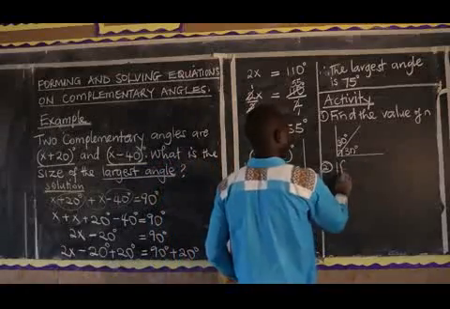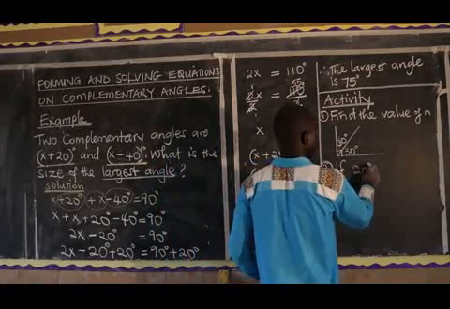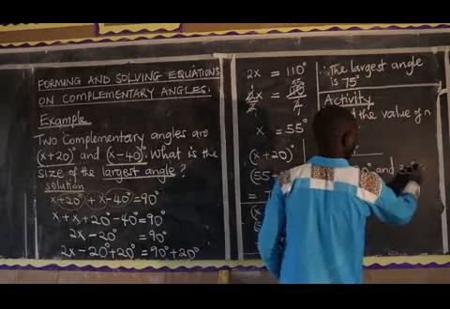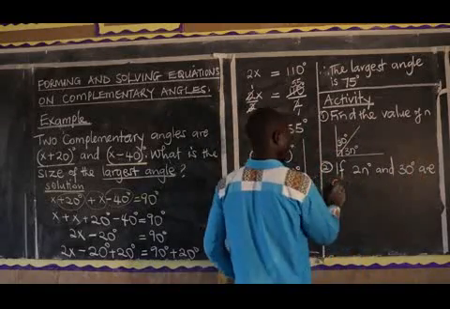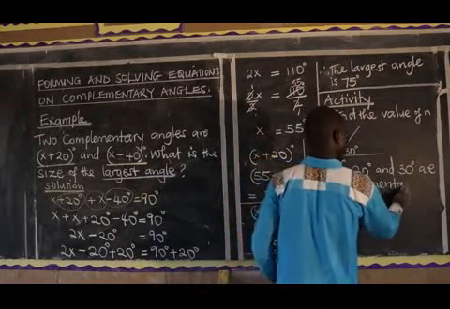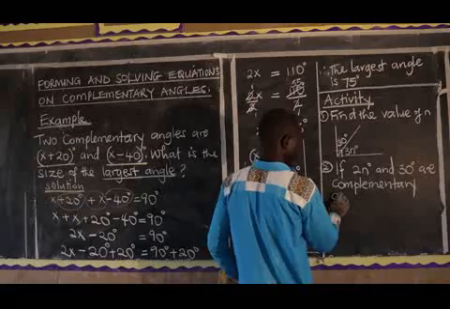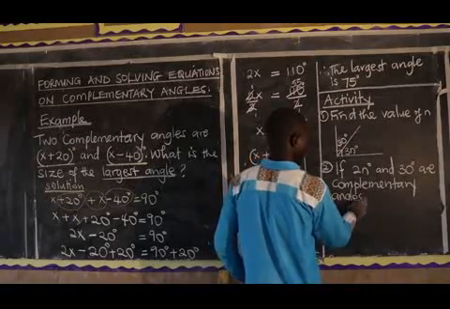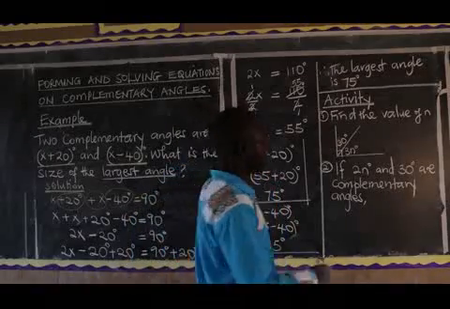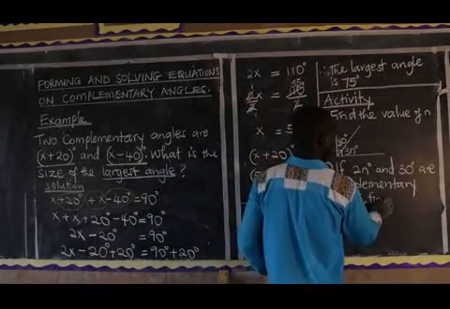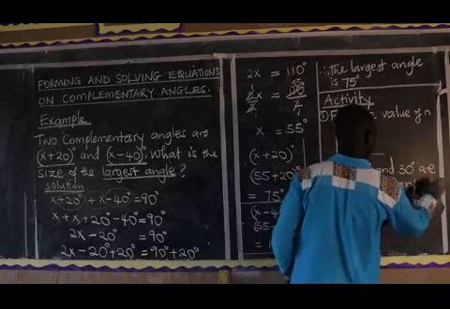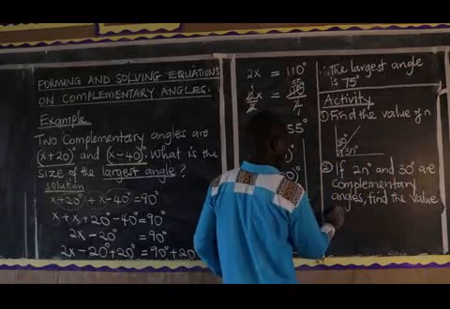Number two, if 2n degrees and 30 degrees are complementary angles, find the value of n.